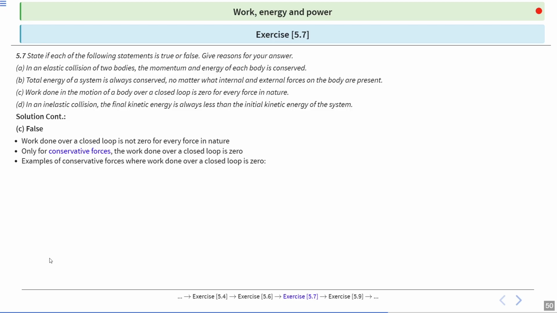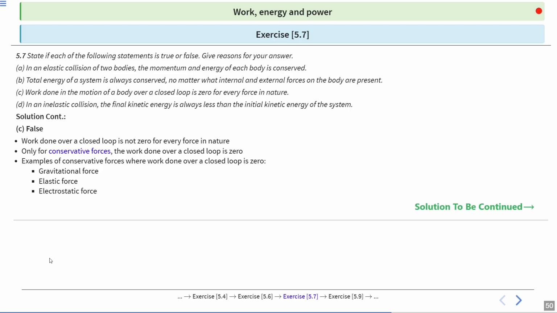So examples of conservative force where work done over a closed loop is zero are gravitational force, elastic force, electrostatic force. So these are the examples of conservative forces. So work done by these forces over a closed loop is always zero.